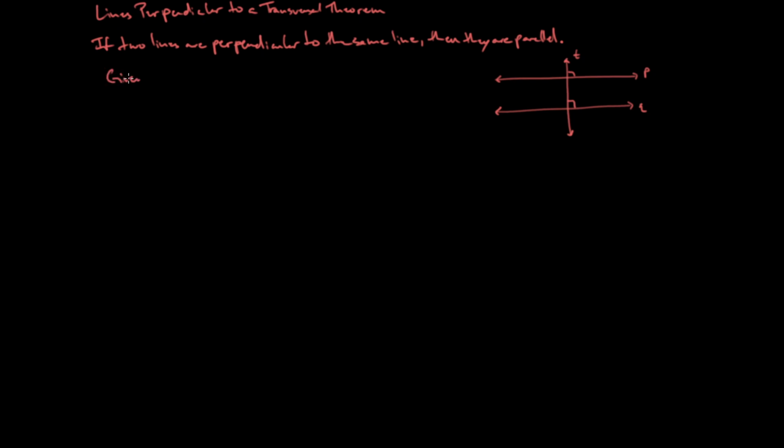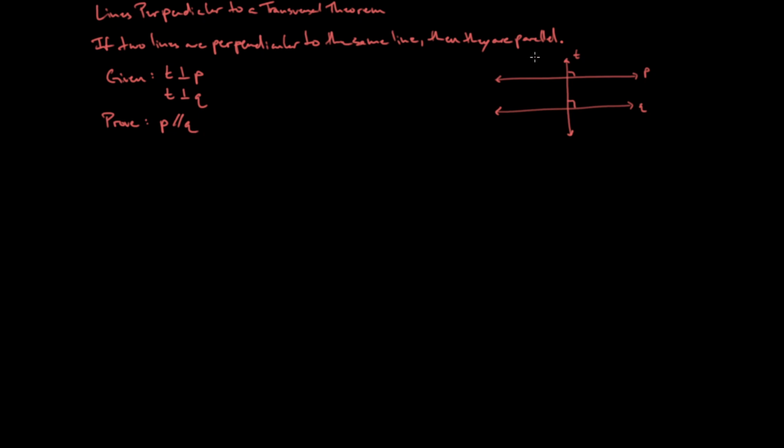If two lines are perpendicular to the same line, I really just need two statements about line T, my transversal, being perpendicular to both P and Q. That'll be no big deal. T is perpendicular to P, and T is perpendicular to Q. And what I'm trying to prove is that P is parallel to Q.